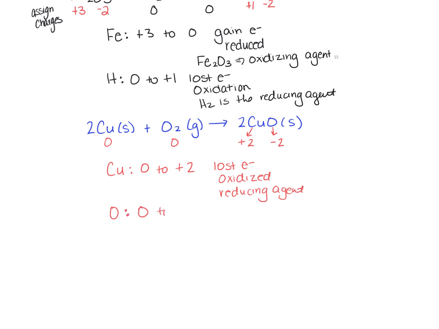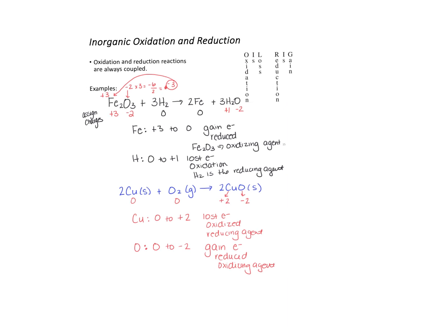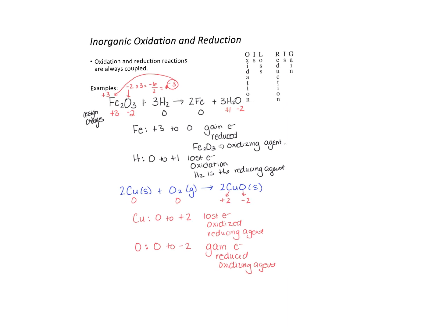Oxygen goes from 0 to -2. That means it has gained electrons, and so it has been reduced. It's also called the oxidizing agent. Okay. So we have done 2 examples where we have identified chemical species that are oxidized or reduced.